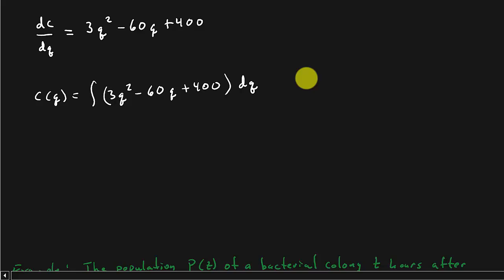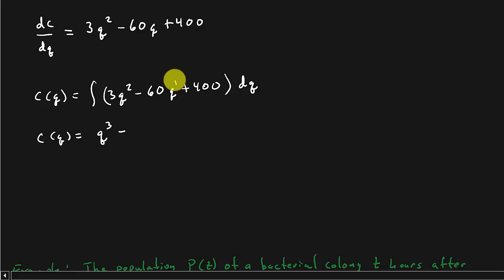All right, so let's see what we get here. C of Q is equal to, now let's do something different on this one. What do I do? I add 1 to the exponent, right? 2 plus 1 is 3. Multiply by the reciprocal of your new exponent. What's the reciprocal of 3? 1/3. 1/3 times this 3 is 1. So this is Q to the 3rd. Minus, and then here, that's Q to the 1st, so I add 1, that's 2. So that's Q squared.